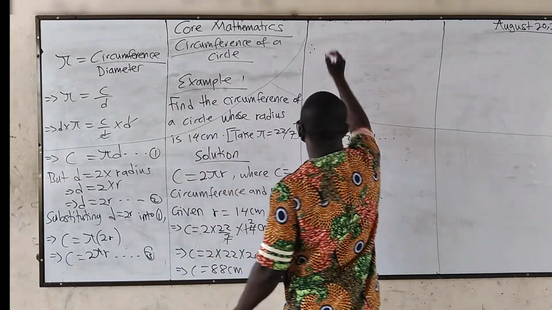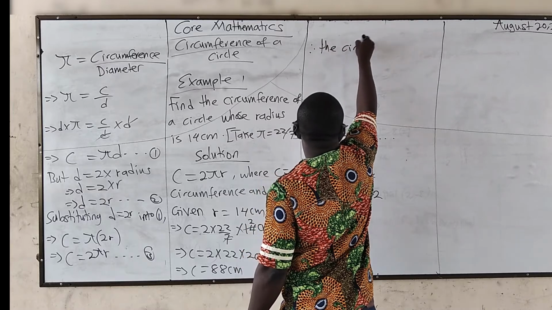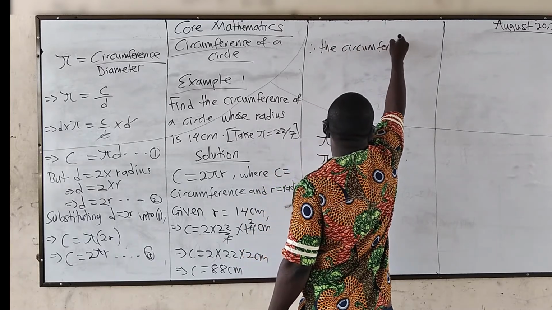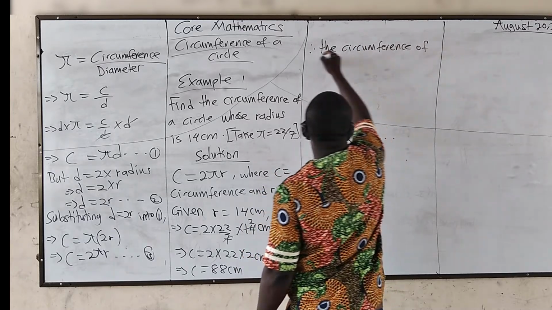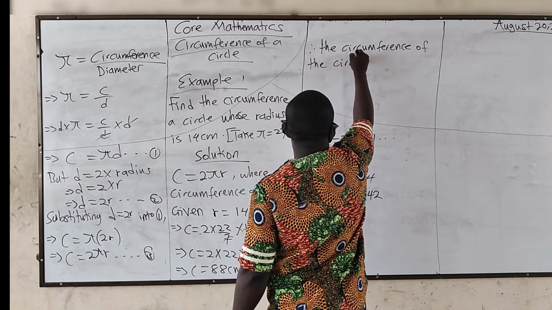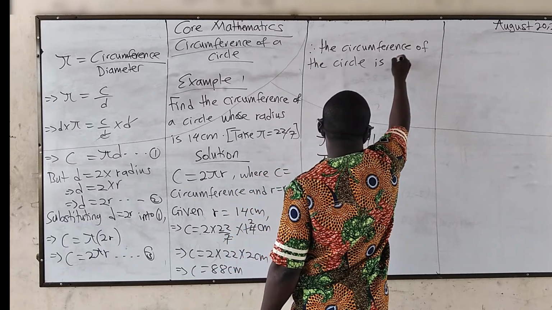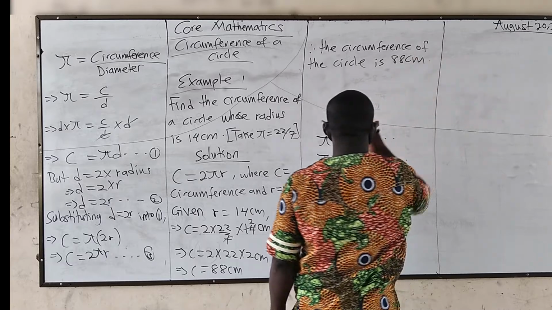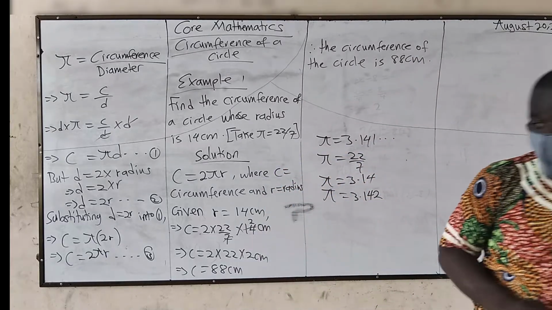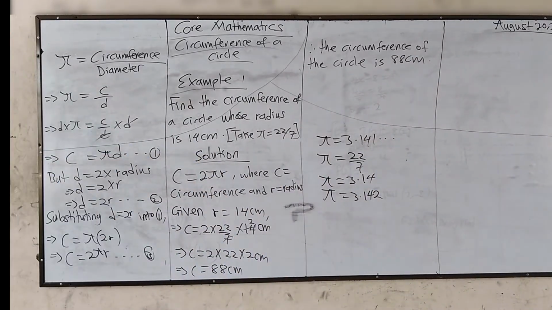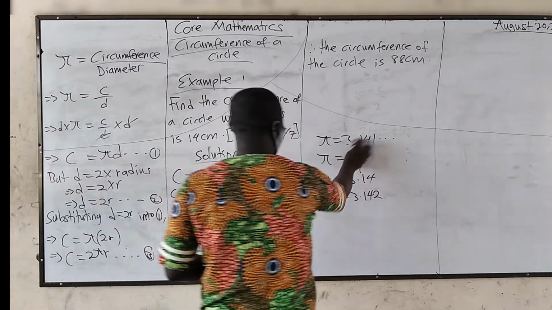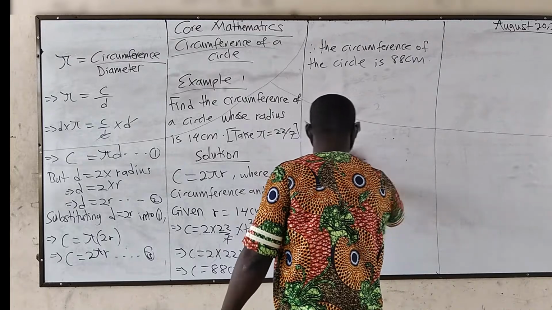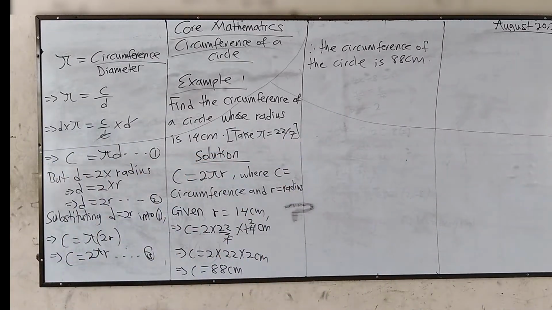So therefore, you can conclude that the circumference is equal to 88 centimeters. Are you okay?